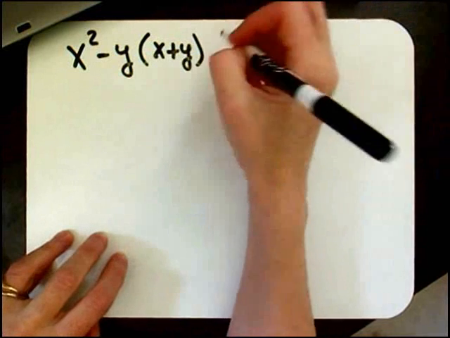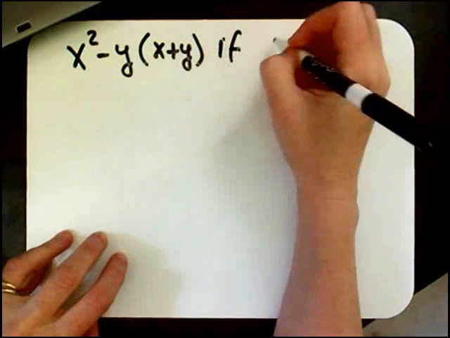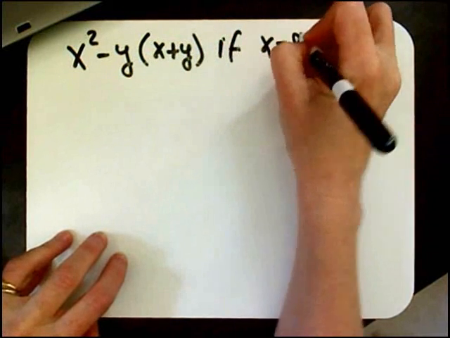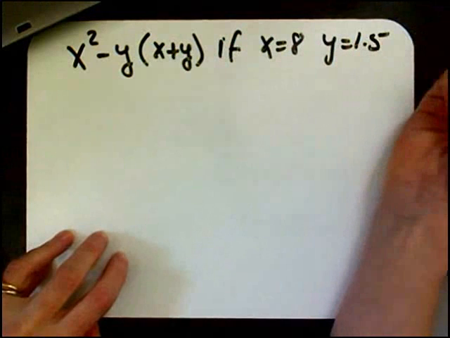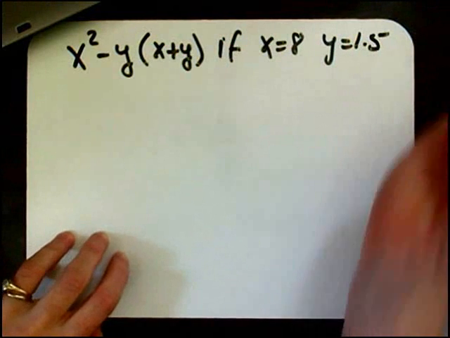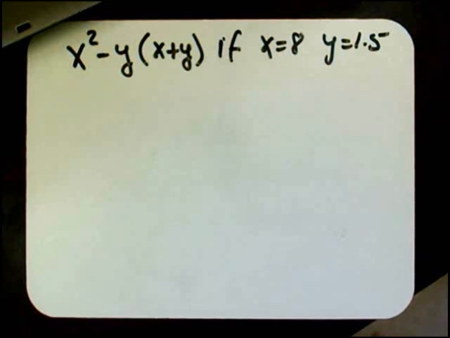And then it says if x equals 8 and y equals 1.5. Okay, so first thing we need to do is telling us what our x and our y values are. So we need to substitute those in.